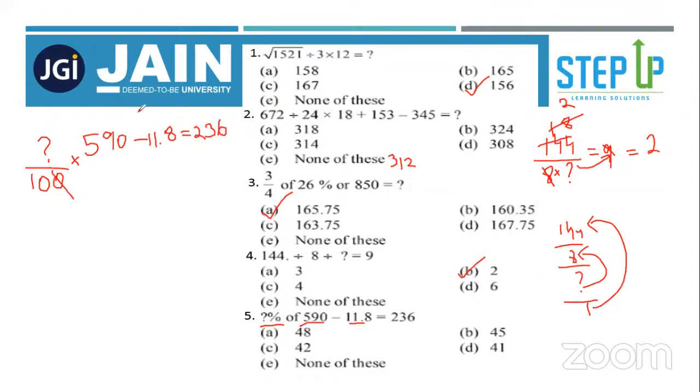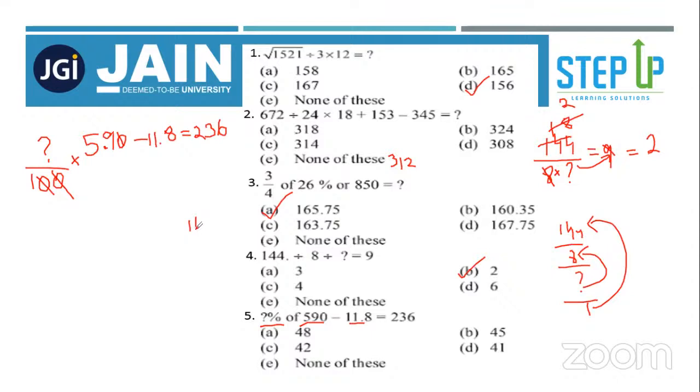So 0, 0, again 0, and I can write it as 5.9. That makes it easy. 11.8 minus 5.9.